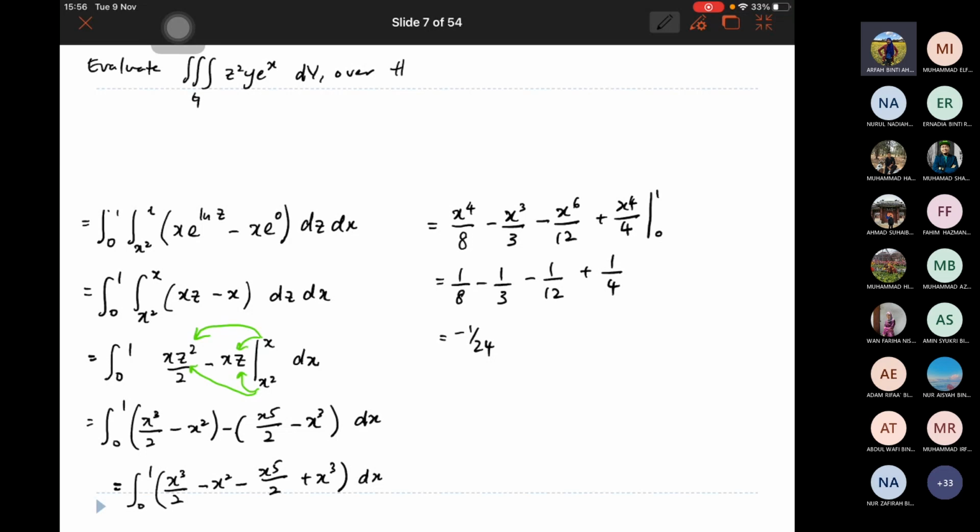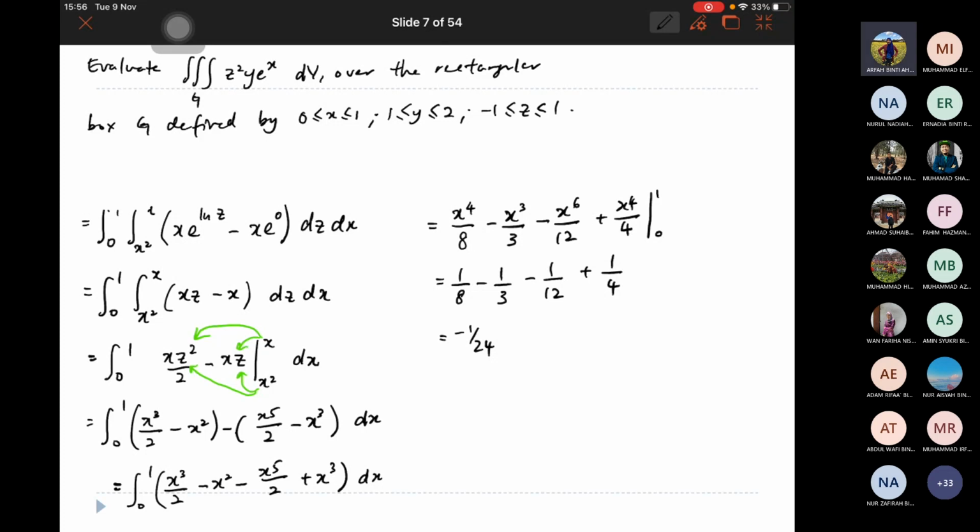Over the rectangular box G, okay, defined by x taking the value between 0 and 1, y taking the value between 1 and 2, and then z taking the value between -1 and 1.